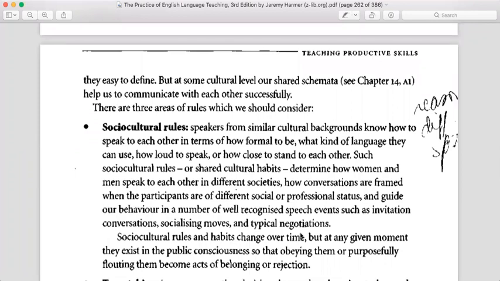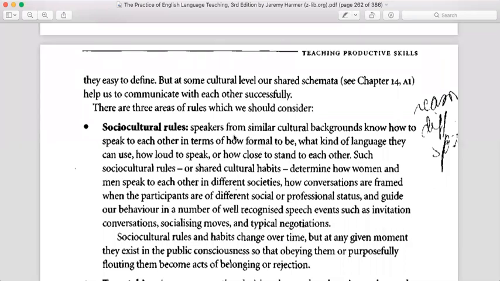Okay. So what are the rules that you sometimes need to refer to your students in order to teach them language in context? Okay. So one of the rules is called sociocultural rules, right?